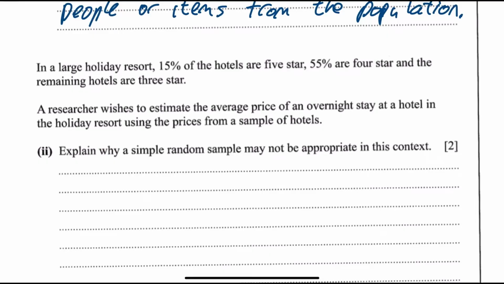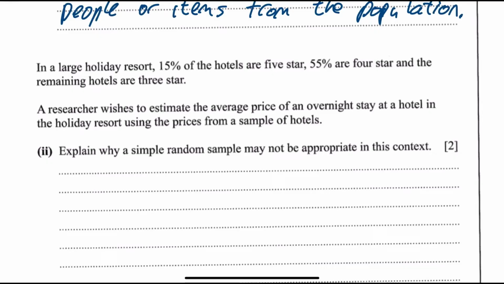So if you do a random sample, what might happen is you might pick everybody from the 4 stars and nobody from the cheaper ones or the more expensive ones, the 5-star and the 3-star. So potentially you could get everyone from the one thing if you're just randomly picking people.